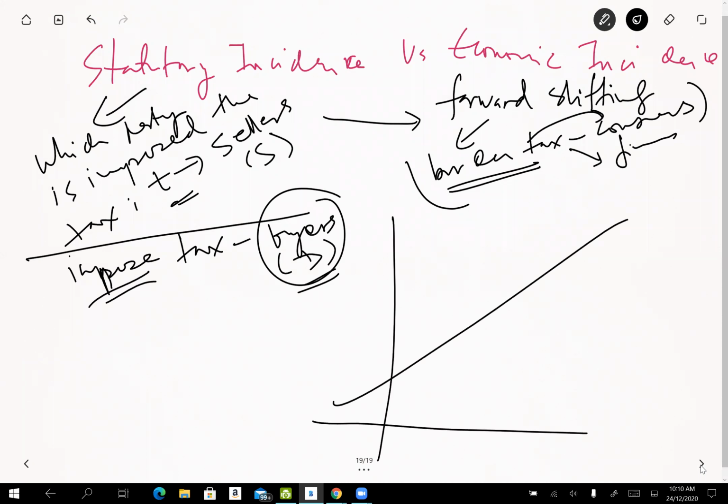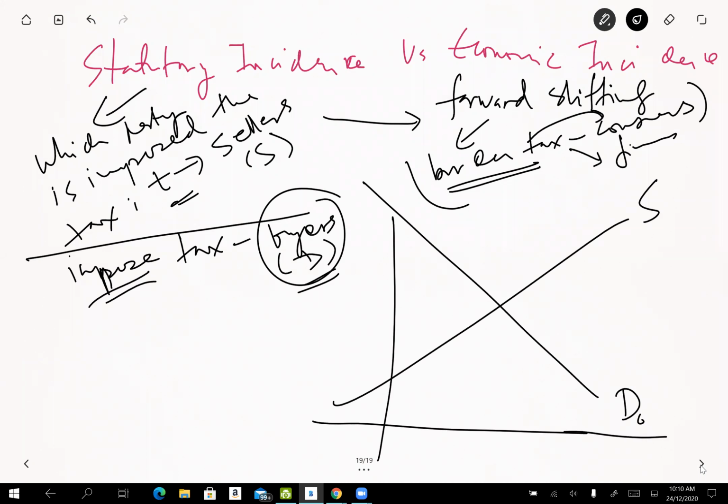You get S there, and that's the demand. That is the one that is going to change, since the tax is imposed on the buyers now. So if the tax is imposed on the buyers, what happens to the demand function? Is it going to shift to the right or shift to the left?